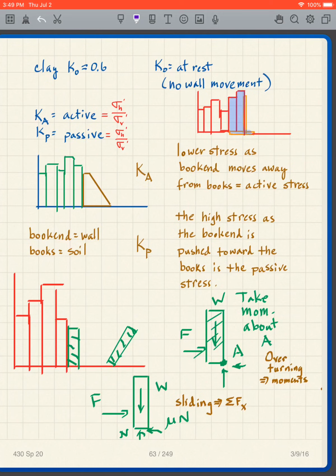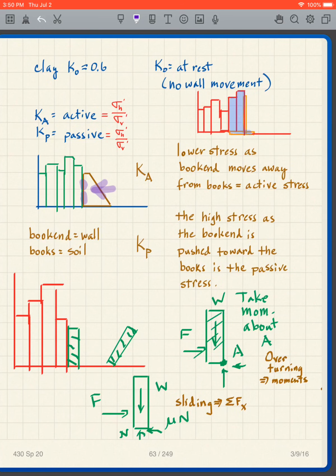Now, envision this situation where during that whole process, I put some pressure transducers in my bookend, and I want to measure the pressure on the face of this bookend during the whole process. So the process is we put the bookend in and we push the bookend toward the books.